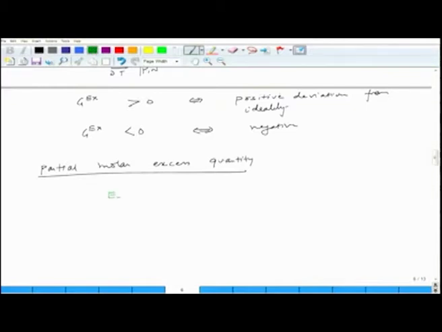So, it is E_i^x, and this is nothing but ∂E^x divided by ∂N_i at constant T, P, and all other N_j constant, such that j is not equal to i.